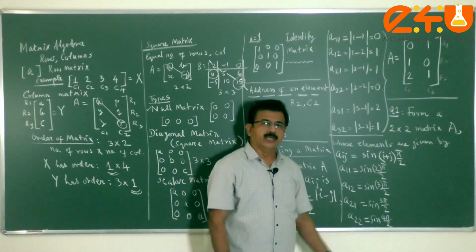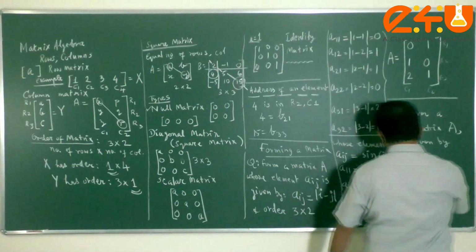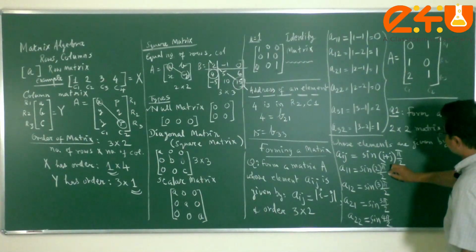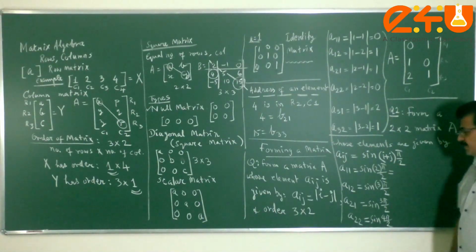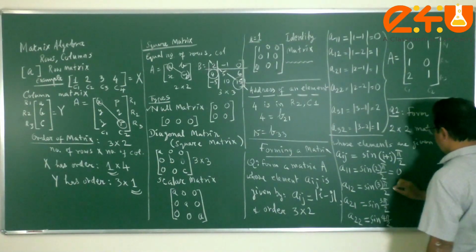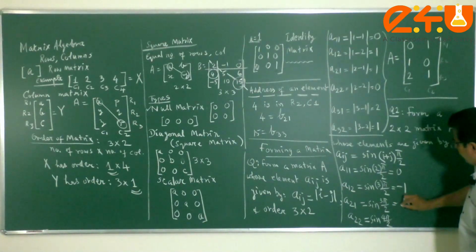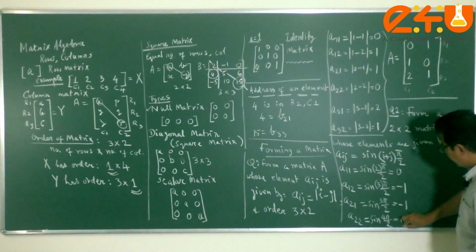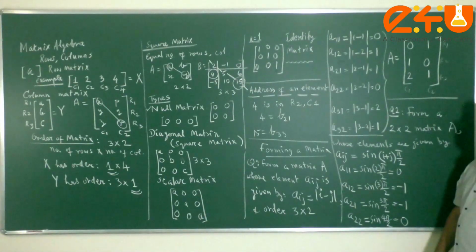Well, you already know the answers for every entry. These are easy trigonometrical values of standard angles. Sine pi is 0, sine 3 pi by 2 is negative of 1, again sine 3 pi by 2 is negative of 1, sine 2 pi gives you 0.